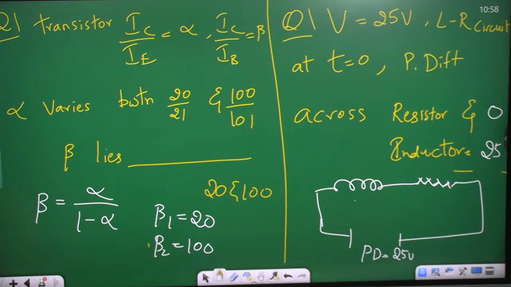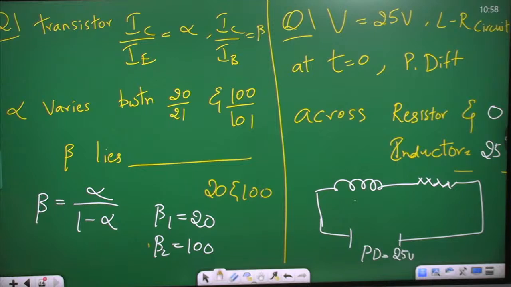See, why do you think the inductor offers infinite resistance at time t equal to 0? What happens at time t equal to infinity to the resistance of the inductor? See, at time t equal to 0, what exactly happens is that initially the current is 0.